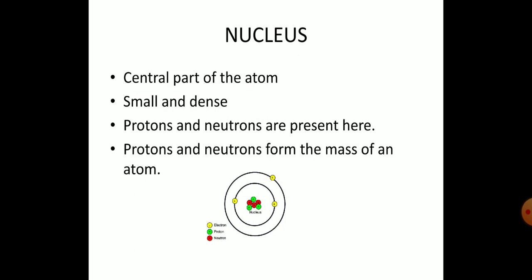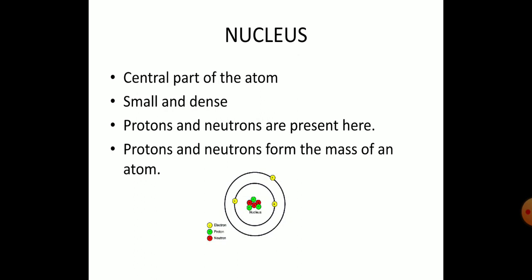So within that little space, all these things have to be there. So there will be no space at all. They will be lying one over the other. So they are thick and they are dense. The protons and the neutrons are present here. That is why it is dense. And they both form the mass of an atom.